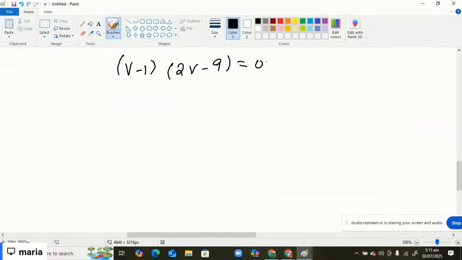Okay. Just put both the brackets equals to 0 and then find the answer. So I'm going to do it like this.